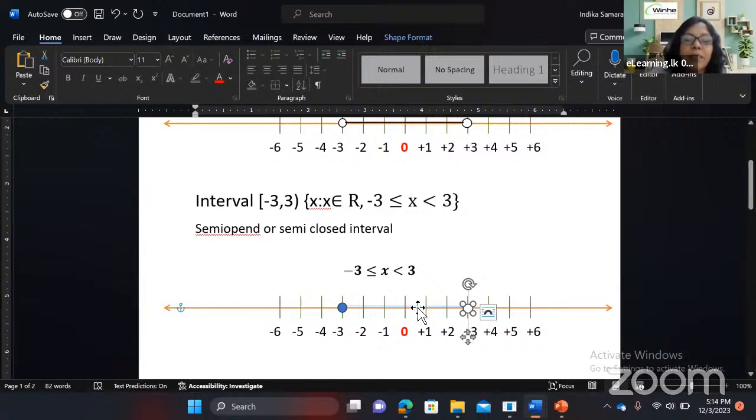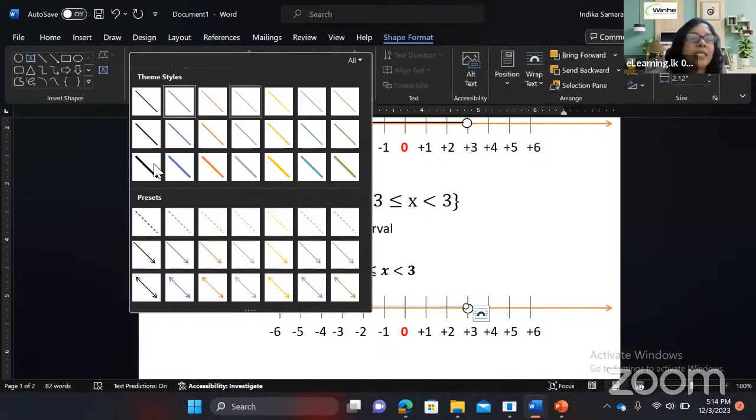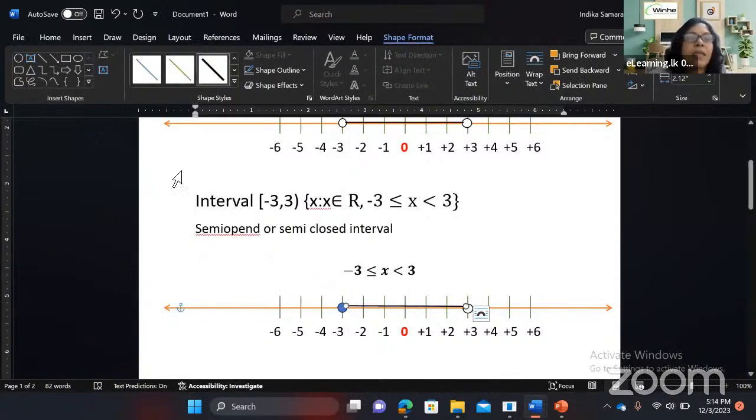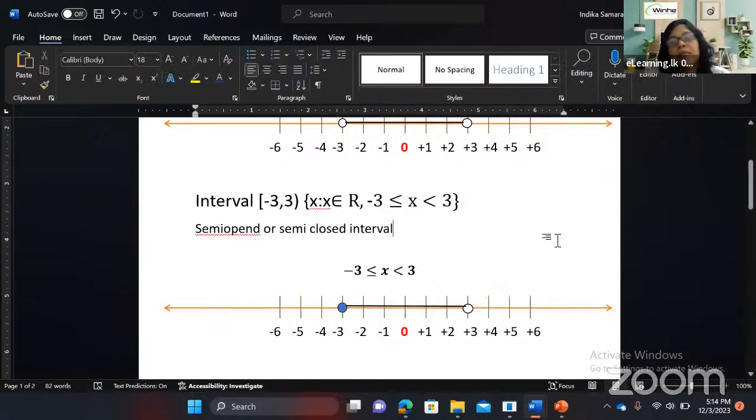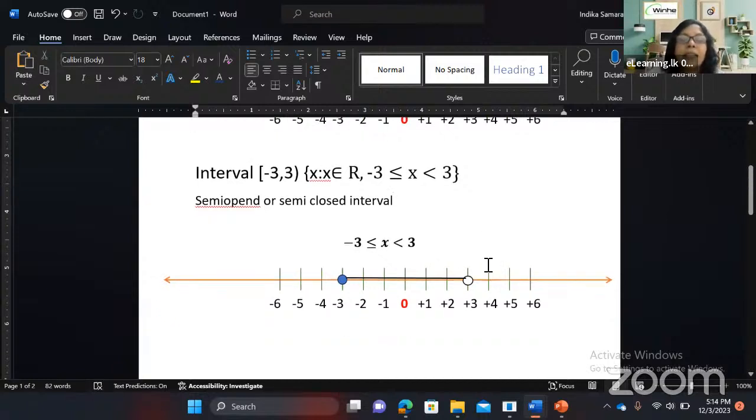After marking the endpoints, you can color in between those margins, right? Now I am going to color in between -3 and +3, right? This is the number line for -3 less than or equal to x less than 3.